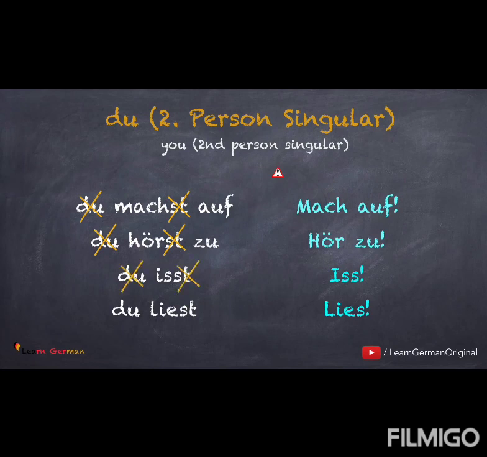In the case of essen and lesen, since they are irregular verbs and their Verbstamm changes in the conjugation, you just remove the t at the end and the du, of course. Hence, du isst changes to is and du liest changes to lies.